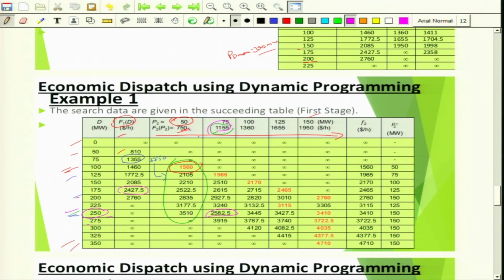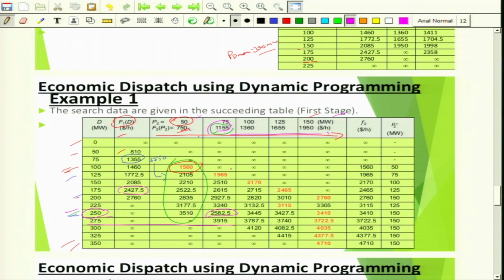So you can calculate up to 275 megawatt. Similarly, you keep on increasing the generation capacity from its minimum of 50 megawatt to maximum of 150 megawatt capacity, and for each combination you get a set of values, right, the set of values that has been tabulated here.